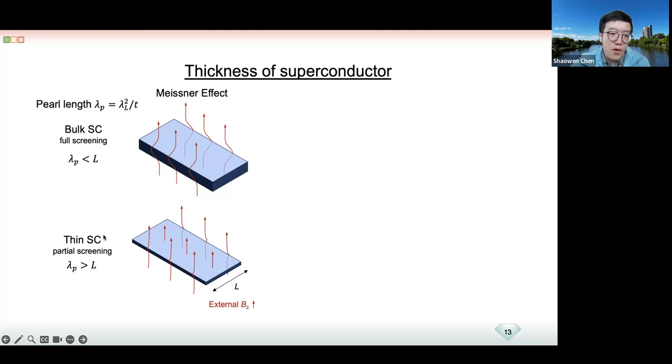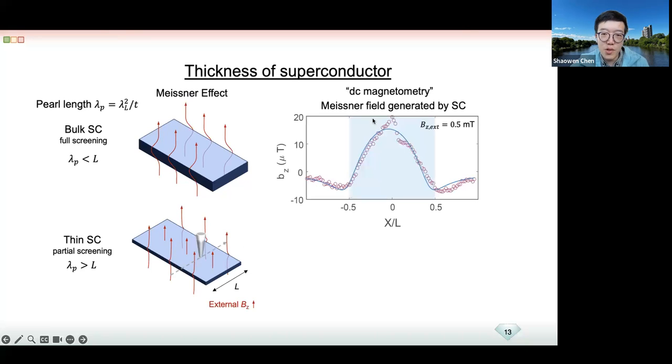To distinguish between bulk and thin, you can compare the size of your superconductor with the so-called Pearl length. If the Pearl length is much larger than the size of the device, then we're in this thin film regime. We can know this by directly measuring with our NV center using DC magnetometry, taking a line cut along our superconductor and measuring the Meissner field generated by the supercurrent.